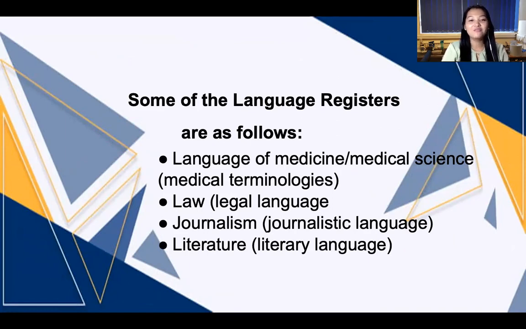Then we have journalism or journalistic language. You can see this in publications, in newspapers, and you can hear them so much when you watch TV from the news. And you also have language of literature. It's language of literature when it's about literary language. Okay?